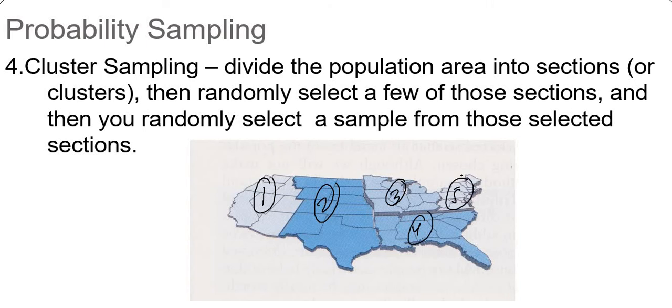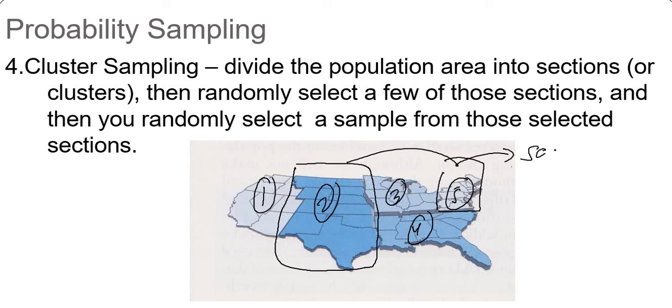In cluster sampling, we shall select randomly from 1 to 5 and then take all those in those specific areas. So if we randomly select, probably based on lottery method, 2 and 5, therefore everyone in this area and everyone in that area are part of our sample.